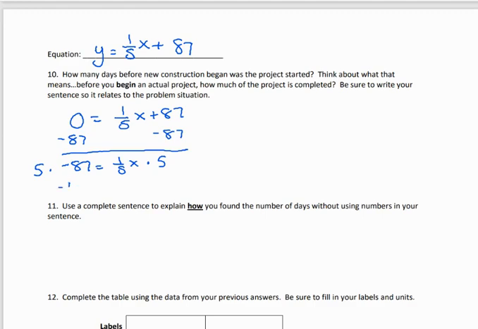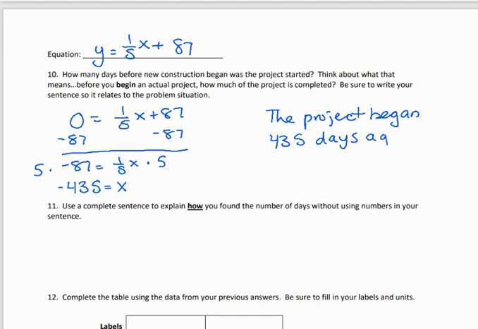So we get negative 435 equals x. So the project began 435 days ago. Or you could say there were 0 miles completed 435 days ago.